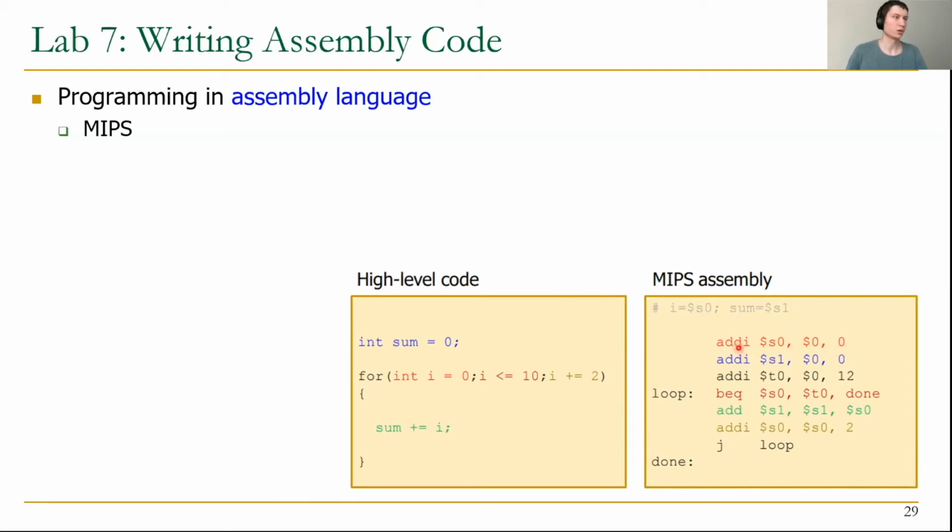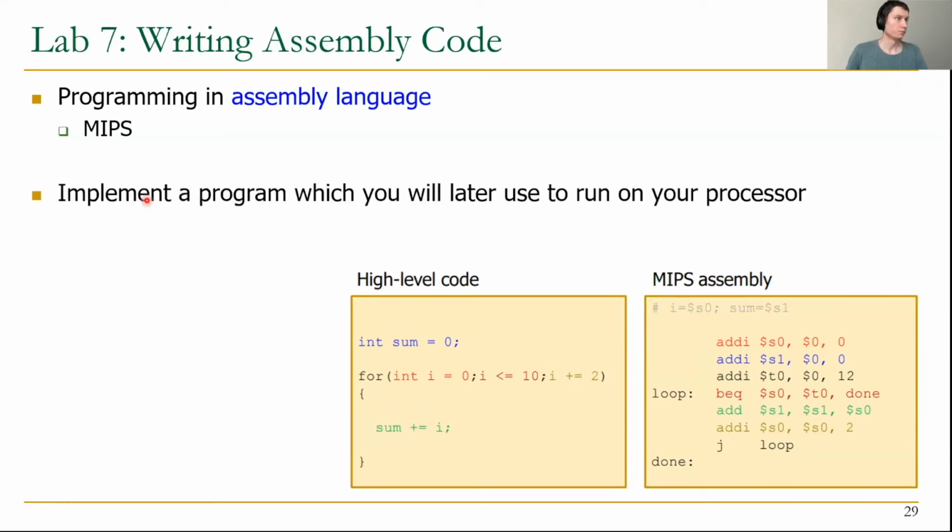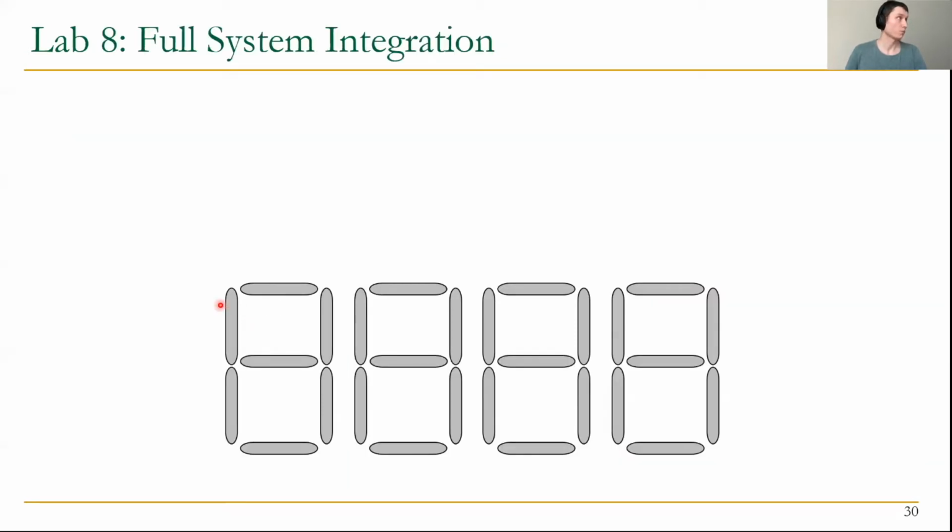Okay, so we will learn about the assembly languages later in the course. Specifically, the program you will be implementing using MIPS assembly language will be image manipulation. We will be implementing a simple filter using assembly code.